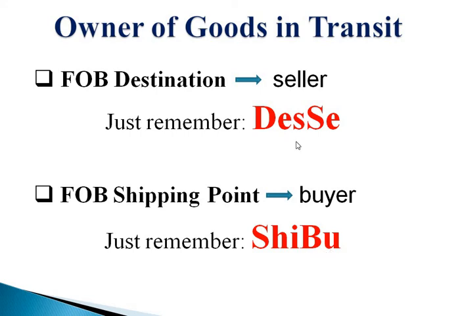So, Dese and Shibu. Not difficult to keep in mind. Just think of Dese as a nickname of someone whose first name is Desiree. So, Dese, destination, seller. Then, Shibu, sounds like Cebu. Very easy to keep in mind. Shipping point, buyer, Shibu.